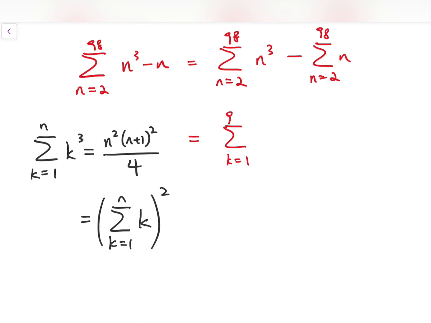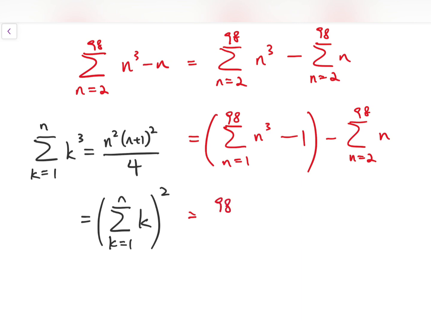So minus 1, that's our first expression. And then for this, we can do the same thing. Just keep the original summation. Then for the things inside the bracket, it is 98 times 98 plus 1 all divided by 2 whole squared minus 1.